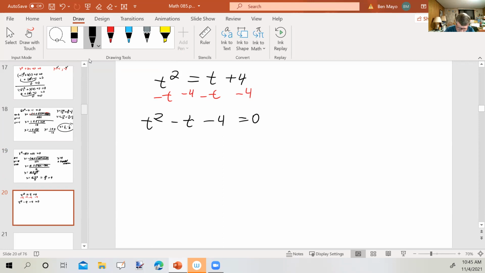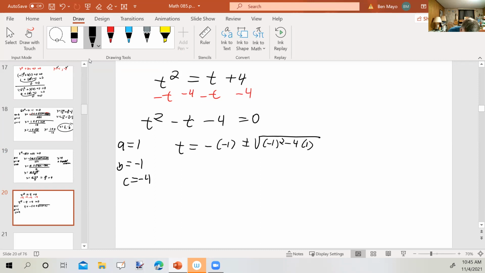So now I have this equation. It's in standard form. A is 1, B is -1, and C is -4. So t equals -b plus or minus the square root of b squared minus 4ac all over 2a.